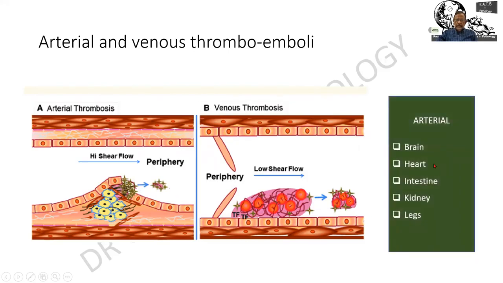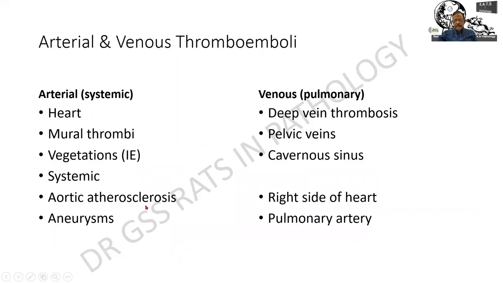The arterial emboli can affect organs such as the brain, most common, heart, intestine, kidney, and the legs. But the brain and the heart will be the most commonly affected organs. What are the fundamental differences between the arterial and venous thromboemboli? Arterial, it is otherwise called systemic. So it arises from the heart. There can be mural thrombi.